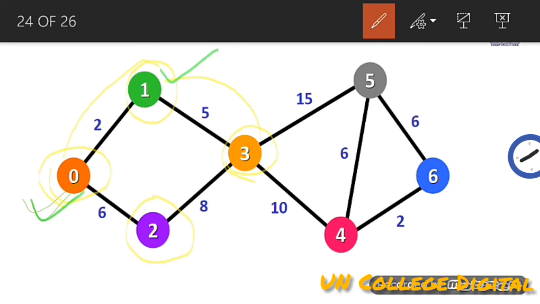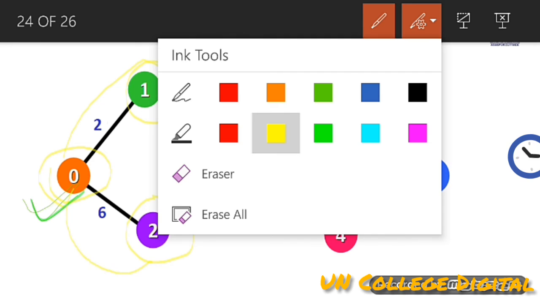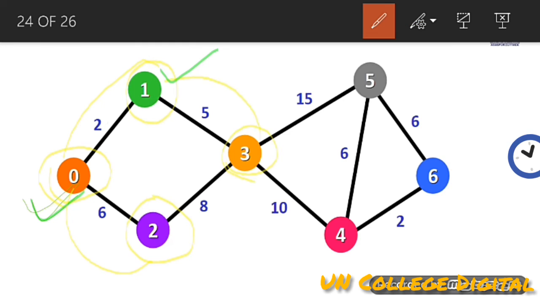And 3 to 4 is 10, and as 6 is smaller, we will select this one. In this way we will continue. Now here again I need to use a blue tick so that you can understand this one is visited. Which one? 3 is visited. And again we are at 2.